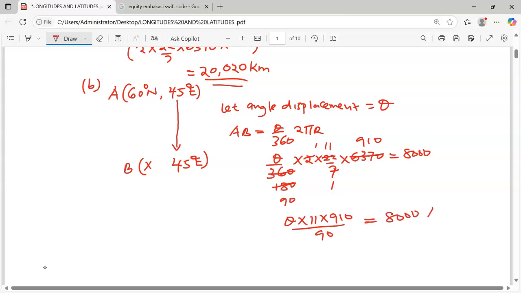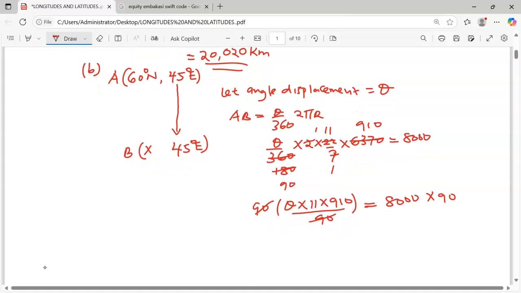In this case, we can decide to multiply by 90 on both sides. 90 and 90 goes, such that we are going to remain with 11 multiplied by 910, which is going to give us 10,010 theta being equal to 8,000 times 90, and 8,000 times 90 will be equal to 720,000.